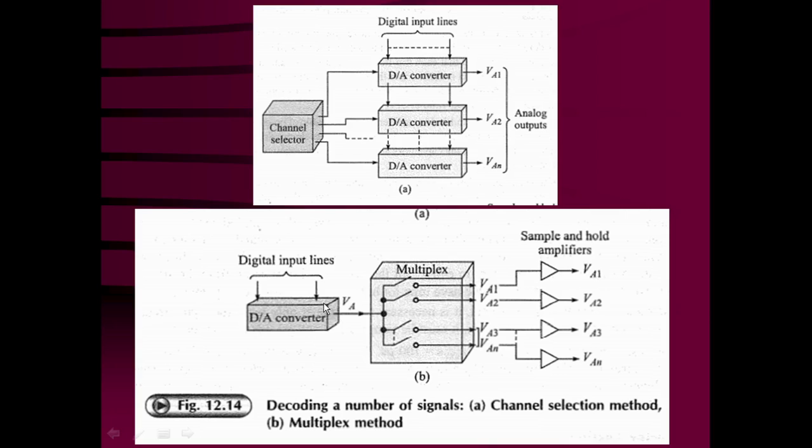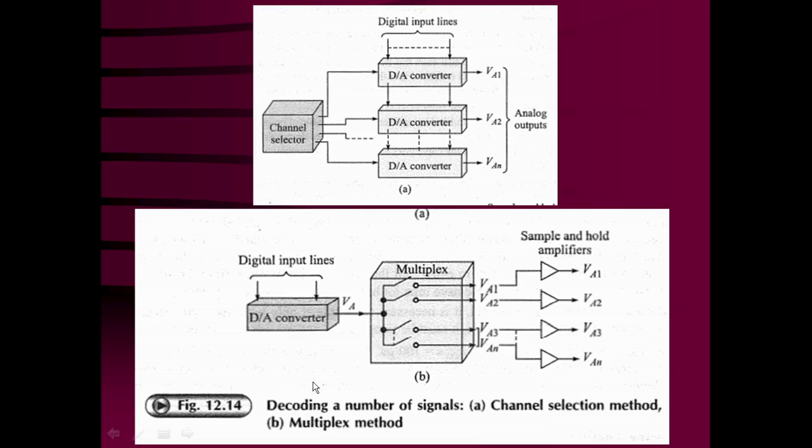Then when the next set of the information is there, again it is going to be converted by the same D to A converter. Again another VA2 is going to be obtained, and that is going to be steered to the output VA2, and that will be stored and held at the output of the sample and hold amplifier VA2.